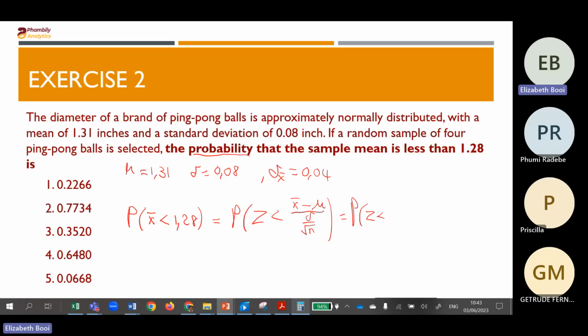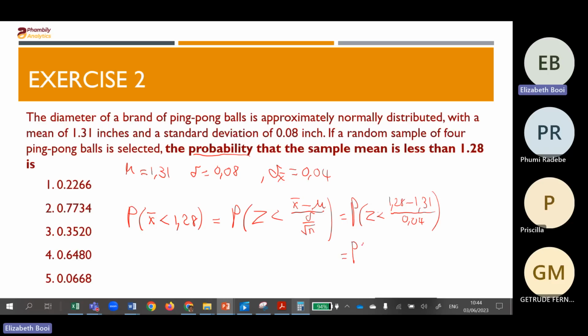Our sample mean is always in the question. It's 1.28 minus your population mean. It's given in the statement, 1.31, divided by the standard error. I can go and calculate again, or I can just use the standard error from the previous question we calculated.